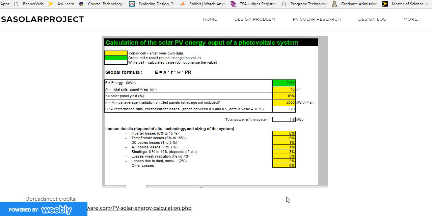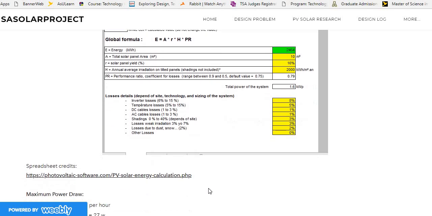That's set at 2% for the globe, but that varies based off site, and then other losses, which this site didn't have any. And that came out to about 2,464 kilowatt hours.